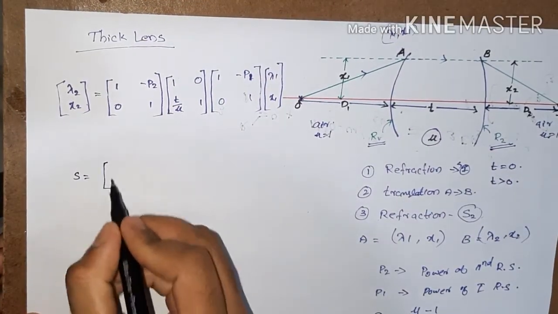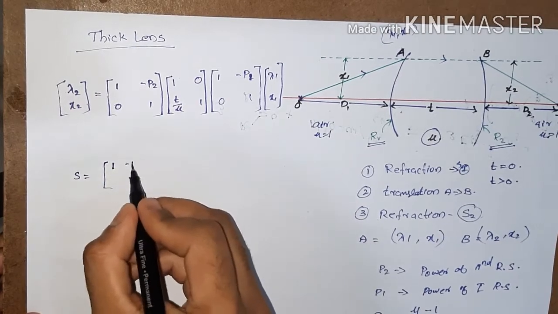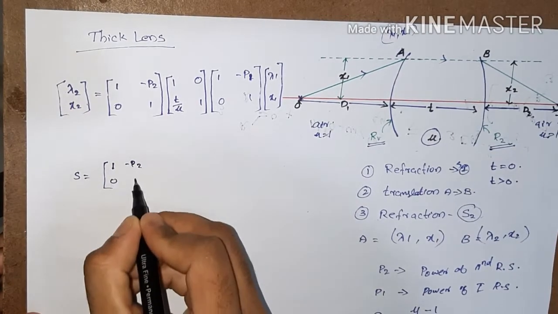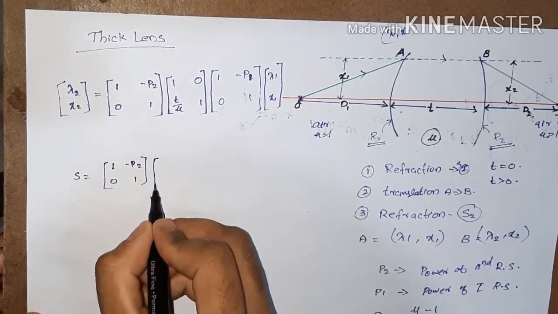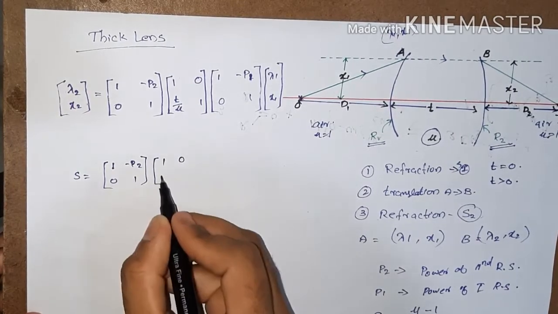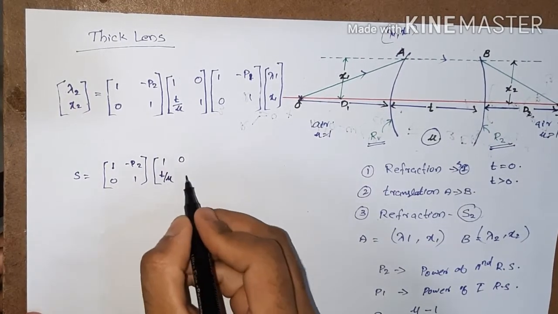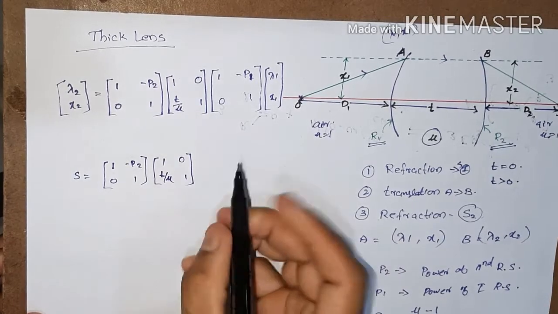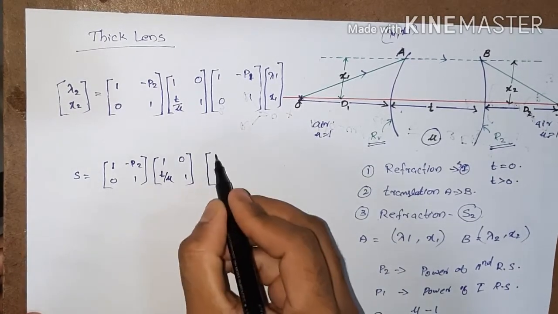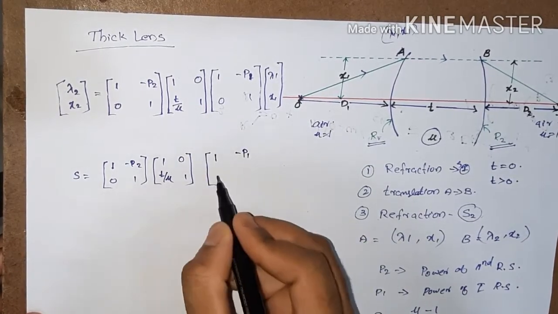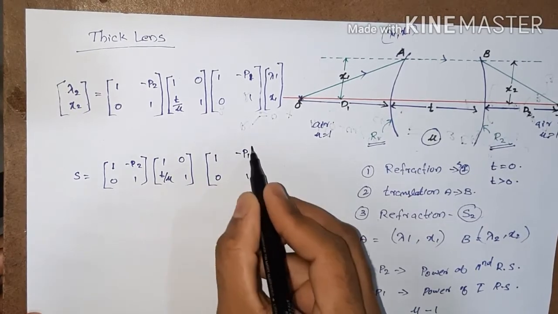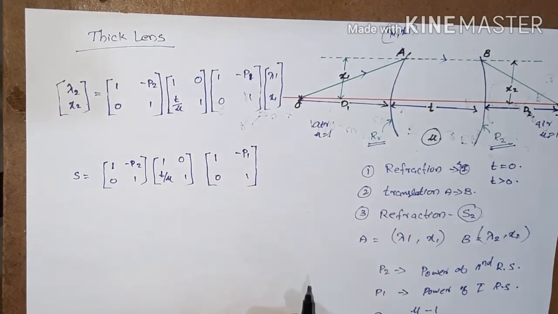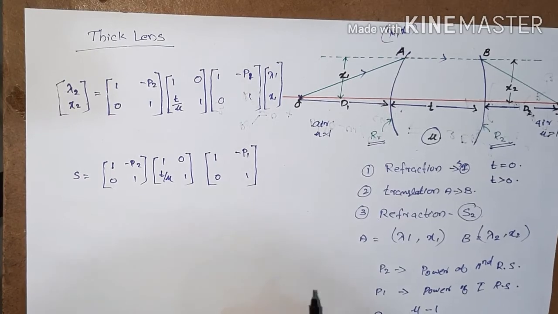S is equal to the matrix [1, -P2; 0, 1] into [1, 0; T/mu, 1] into [1, -P1; 0, 1]. This is the system matrix corresponding to a thick lens.